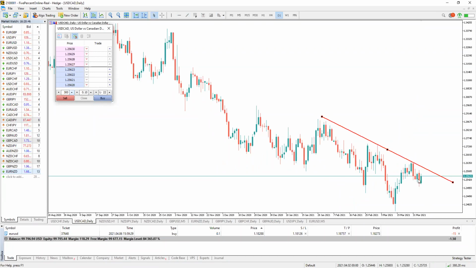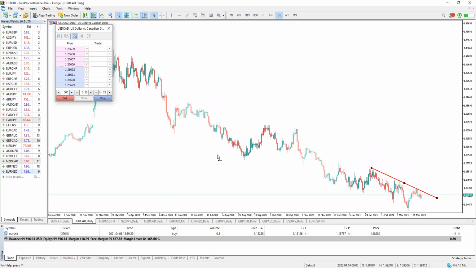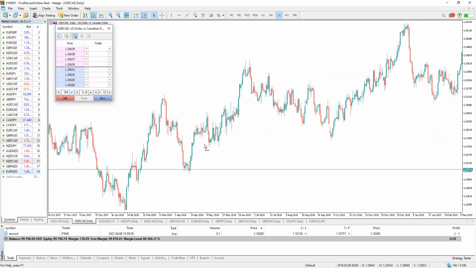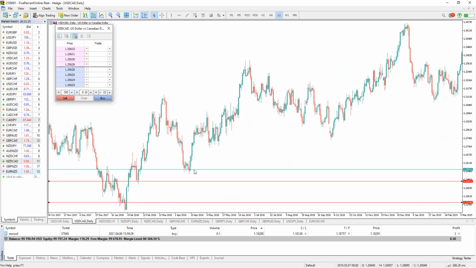I am very tempted to start buying this market, but I need prices to go lower and then buy, especially because of the breaks. The lows have been lower than previous lows, but not that significantly. And if we go back in time, we're trading here, and we have this demand right there, and of course, this demand.